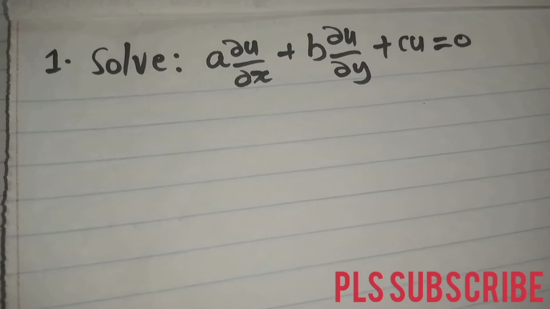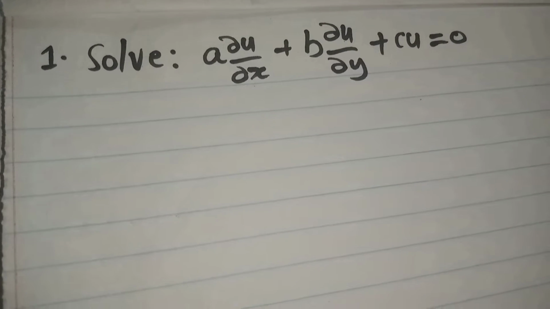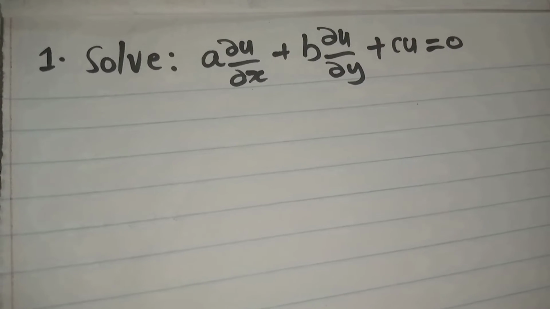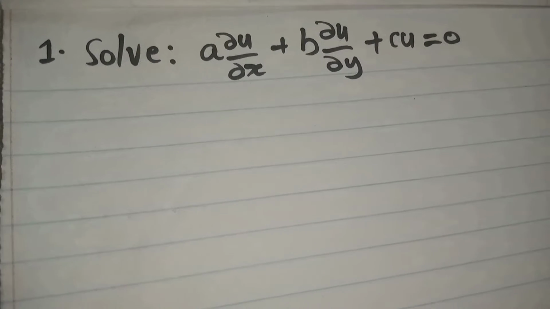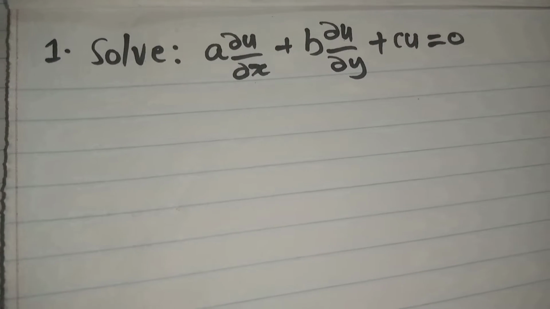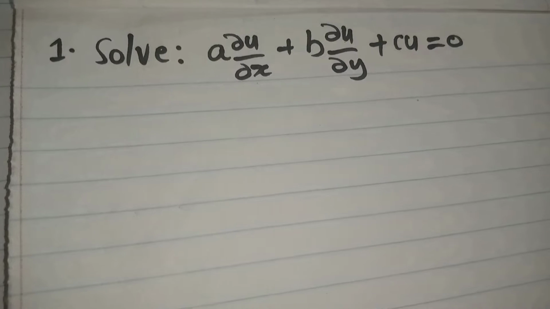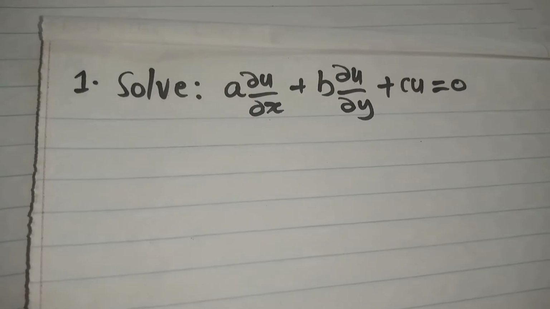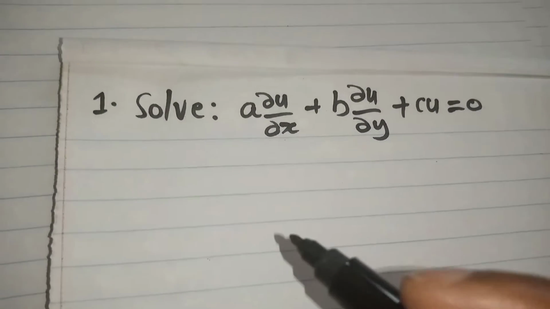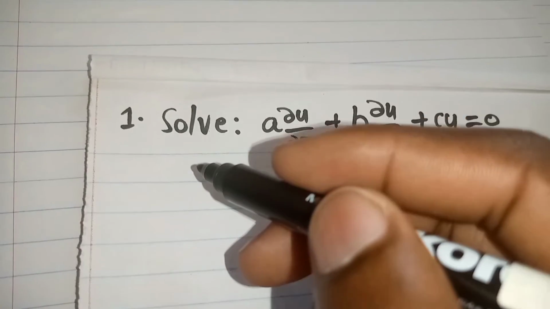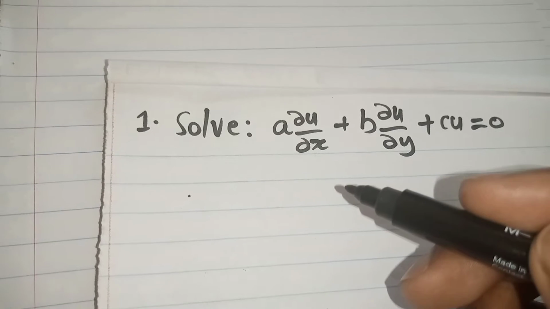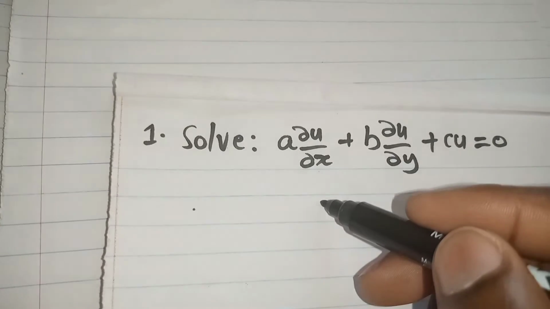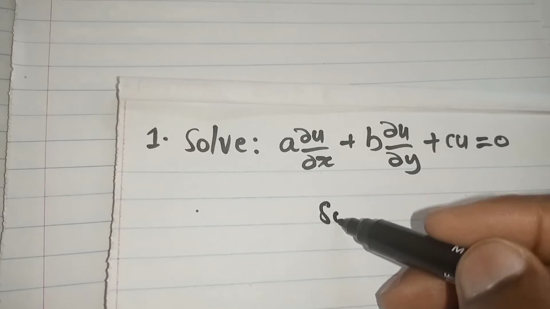When you are solving first order linear PDE by method of characteristics, we begin by identifying the coefficients of the partial of u with respect to x and the coefficient of the partial of u with respect to y. And therefore, we begin by writing our characteristic equation.